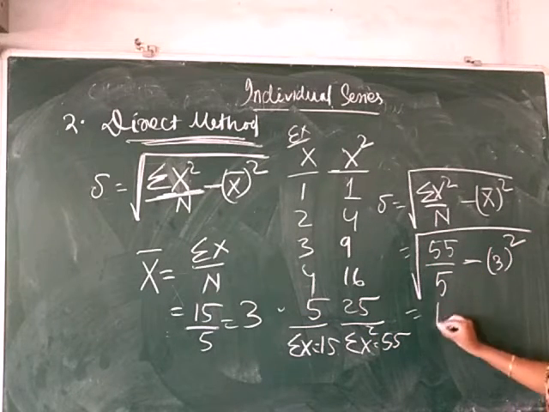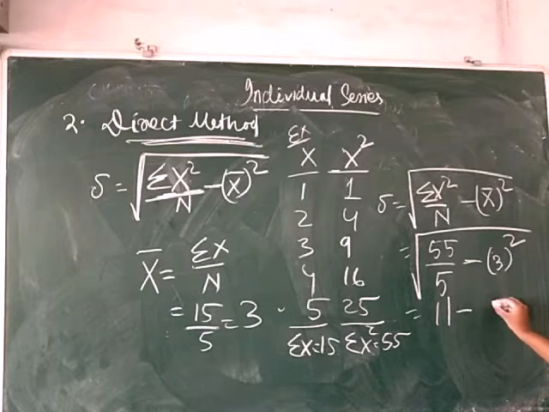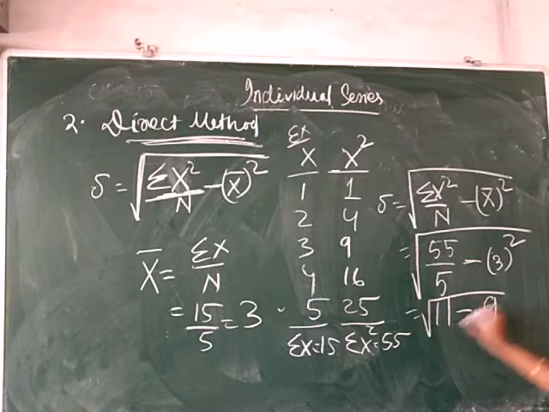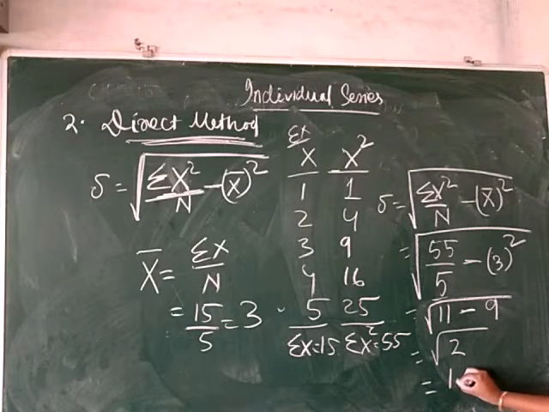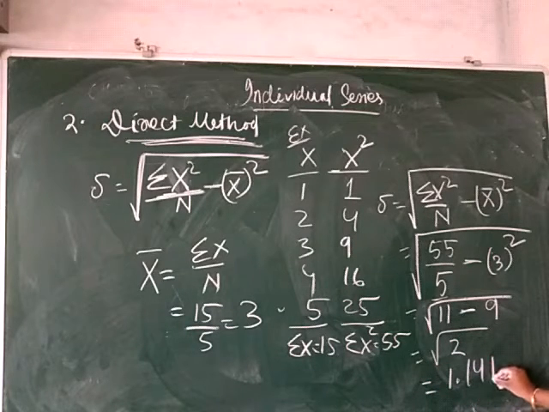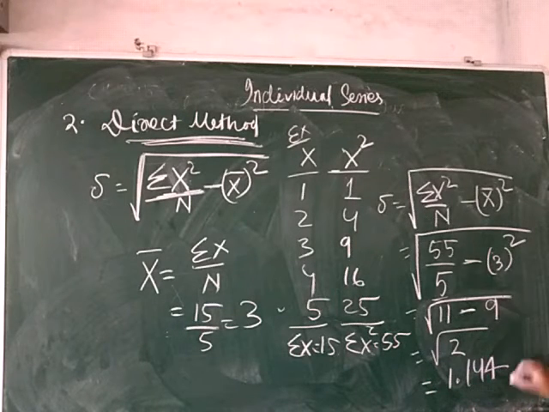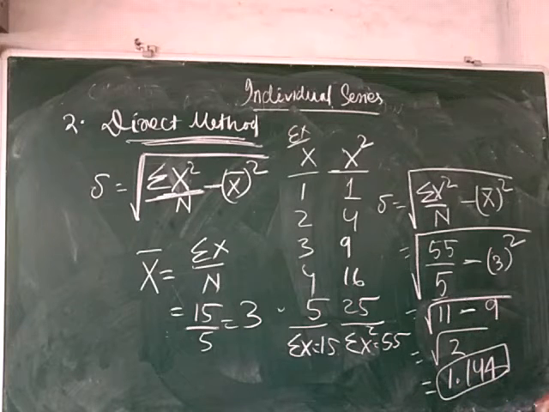So here this is 11 minus 9. That will be square root of 2 and the answer will be 1.414. So this is the answer of standard deviation under direct method.